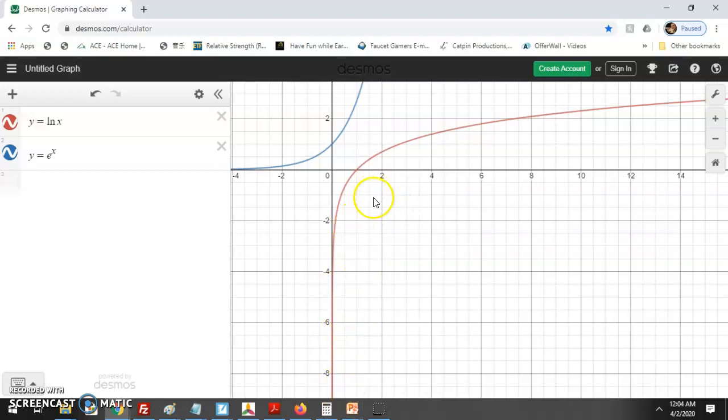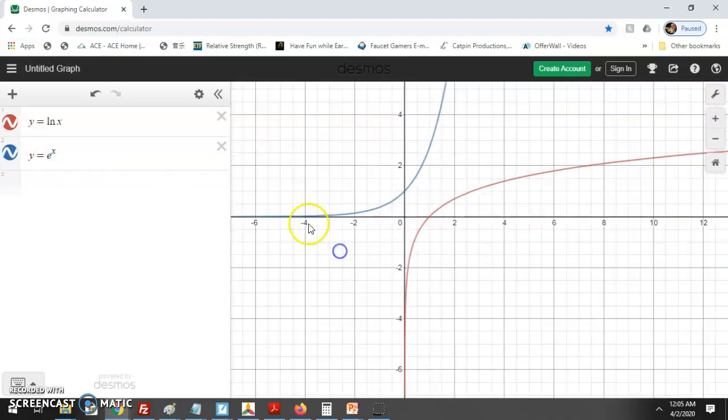That's because you could, in essence, put negative numbers into the exponential e to the x for x, and they would give you an output of positive fractions, because e to the -2 would be 1 over e to the 2.